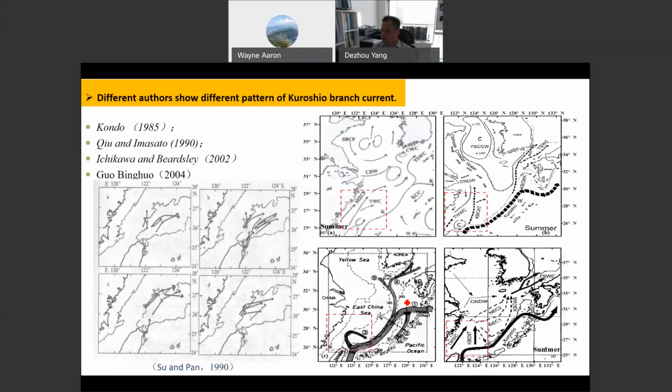Different authors, different researchers show very different patterns of Kuroshio branch current in this area. For example, this is the typical circulation pattern in this area.